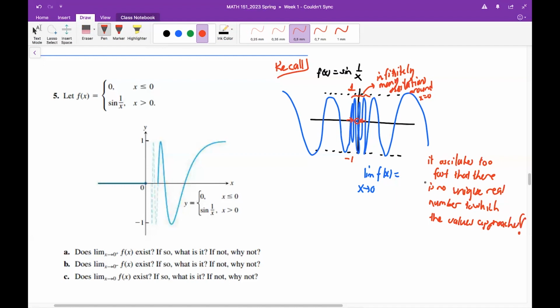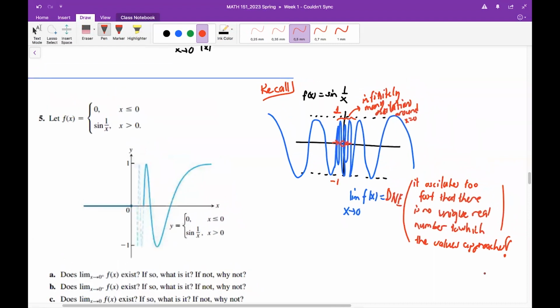You understand this wild behavior, I guess. Since there is no such real number because of infinitely many oscillations, the limit does not exist for this function. So this is the explanation. This is already covered in the lecture video.